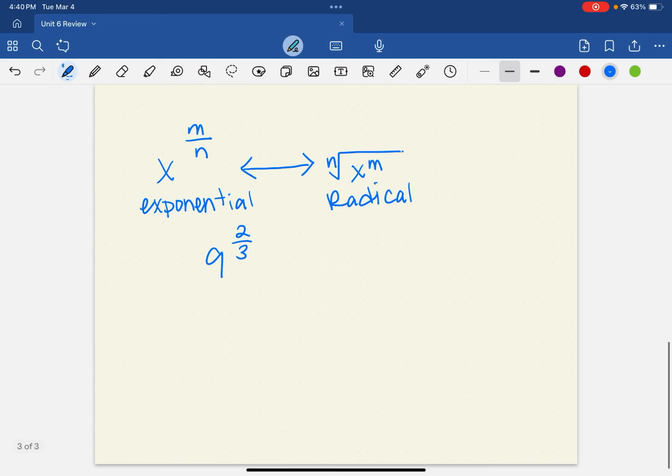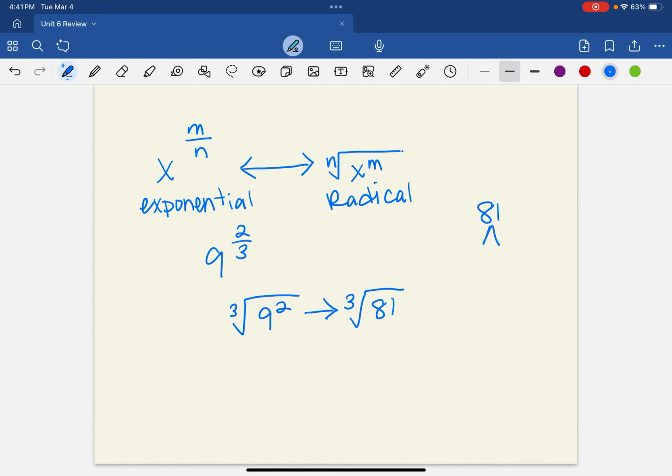Okay, so next one, index is 3, exponent is 2, so I have a cube root. And then I have 9 to the power of 2. So 9 to the power of 2 is going to be the cube root of 81, which could also simplify. So let's go ahead and do that.